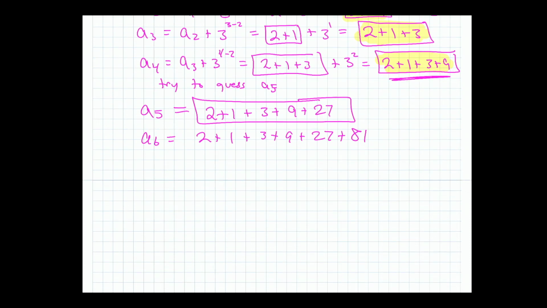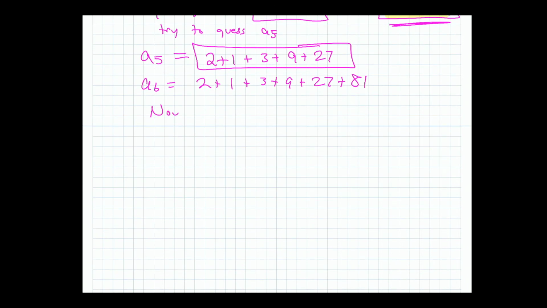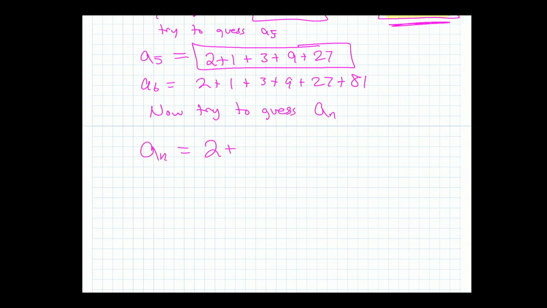So if I had to do this, can we guess An? An would be 2 plus, and then this part right here, 1 plus 3 plus 9 plus 27 plus 81, those are powers of 3.